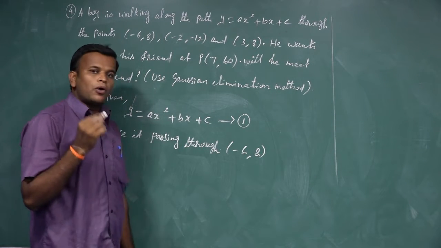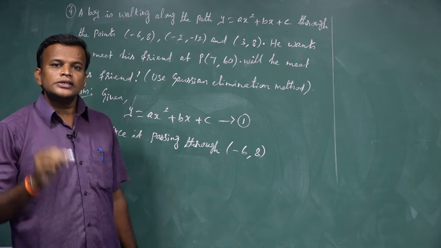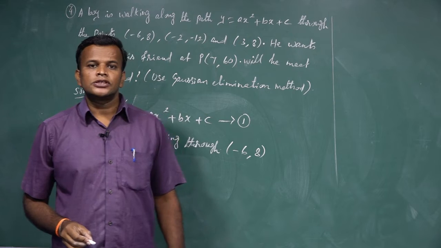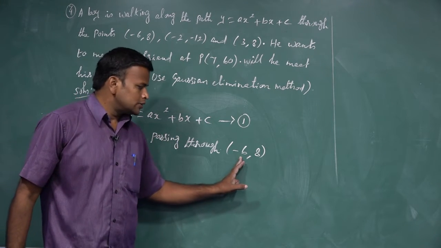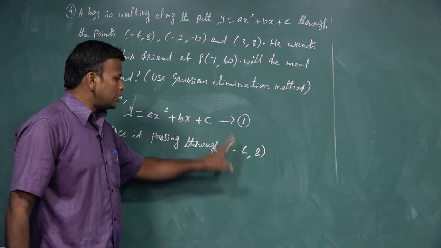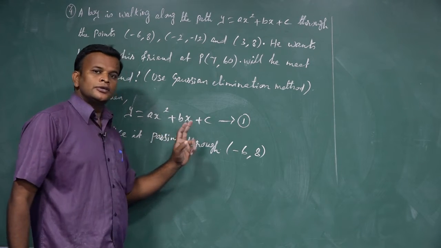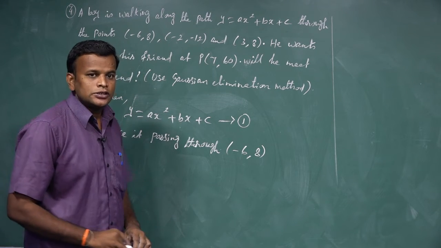So if a point is passing through a line, the point must satisfy the equation. Satisfying the equation means we replace x by the first coordinate and y by the second one. Since this point is passing through that line, we replace x by minus 6 and y by 8.